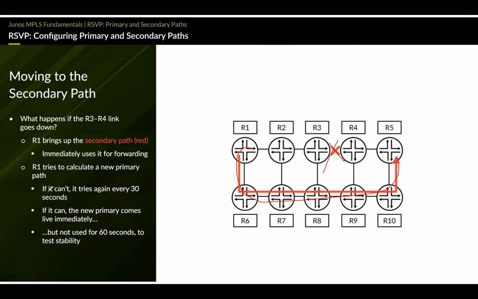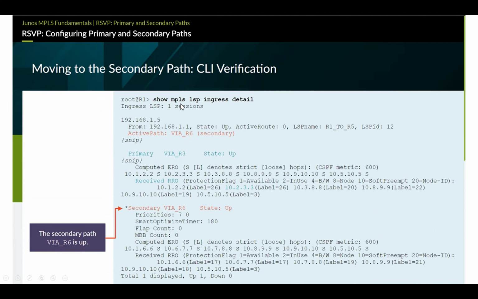If it can't, it tries again every 30 seconds. For the secondary path, show mpls lsp extensive. If the primary path goes down, you will get the secondary path as the active path, and you will get other related information like RRO and ERO.